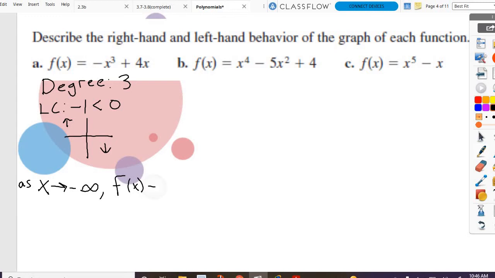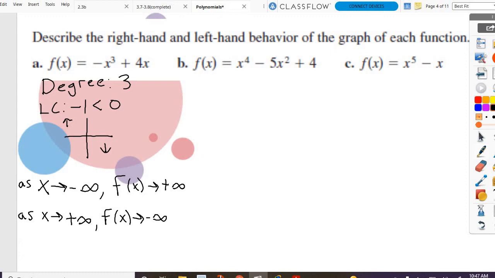And so how do we say up? Positive infinity, right? Because my y values are getting bigger and bigger. Now, if I want to talk about the right side of the graph, x is going to go towards what? Positive infinity. Then what is my f of x doing? Now it's going towards negative infinity. Agreed?